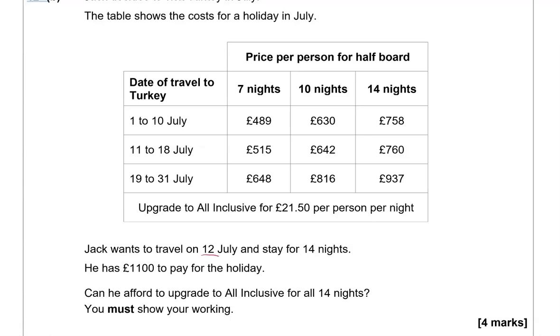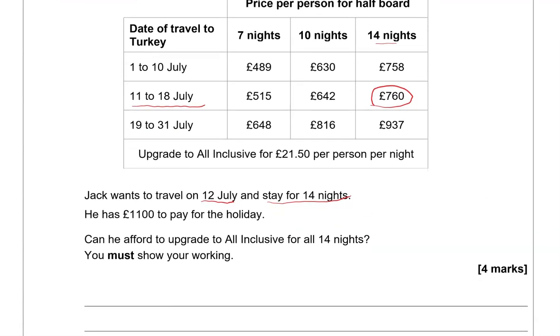So he's traveling on 12th of July, which is this row here, 11th to 18th of July, and he's staying for 14 nights. So that is 14 nights, £760. Now it says upgrade to all-inclusive for £21.50 per person per night. Right, so 14 nights.